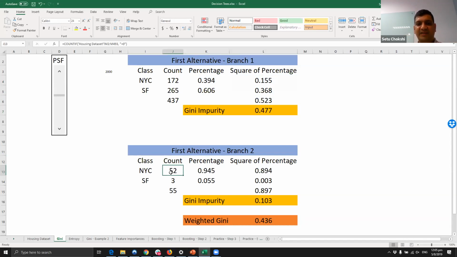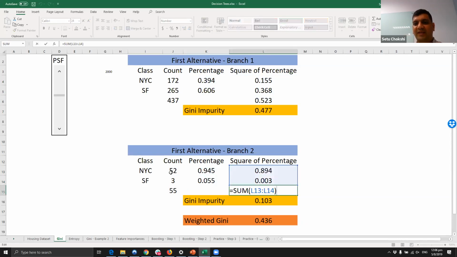Everything that's sitting in here is going to be New York, the next one is going to be in San Francisco. I calculate my percentages: the percentage of apartments that are in New York as a total of this particular branch. I take a square of percentages, calculate the sum of squares, calculate my Gini impurity, and then I take a weighted index of these values.